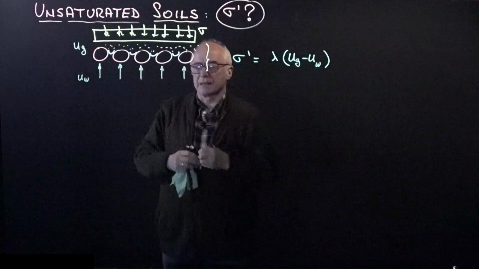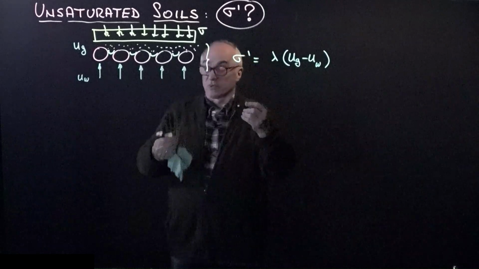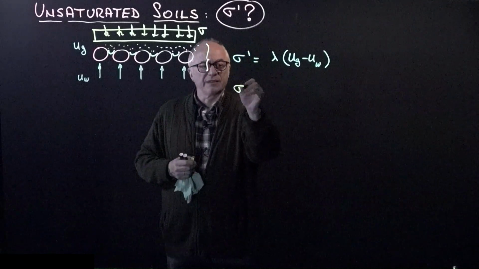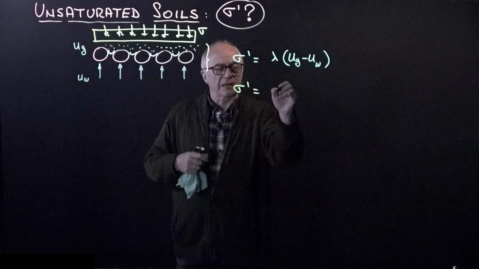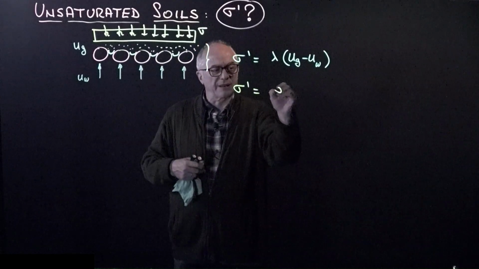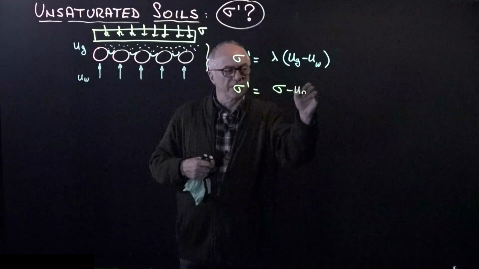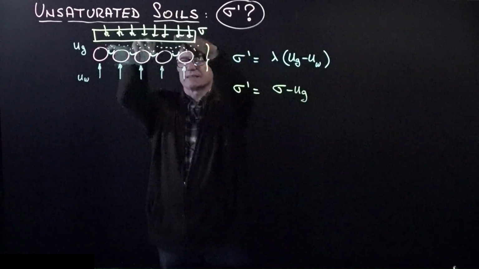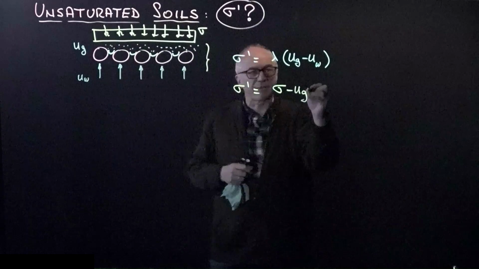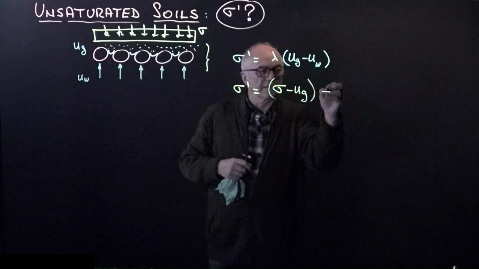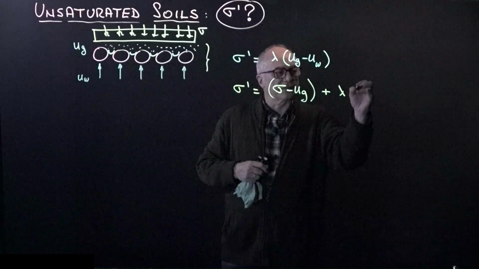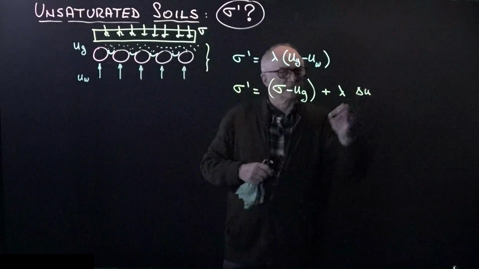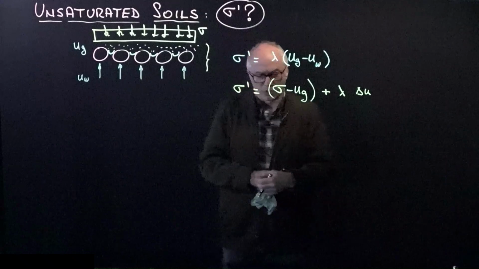When I do that, the effective stress for the second case will be equal to the conditions created at the boundary, sigma minus u gas, because the gas is acting between them and pushing the slab up, plus the effect of the suction, lambda, and let's call that delta u, u gas minus u water.